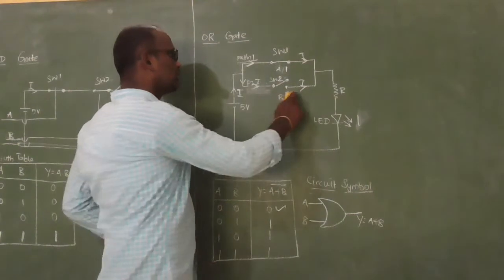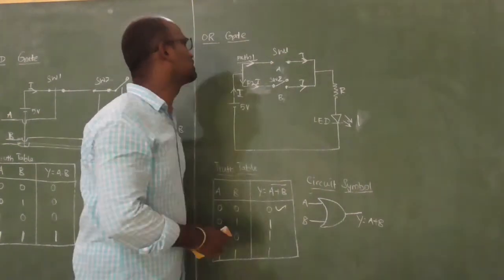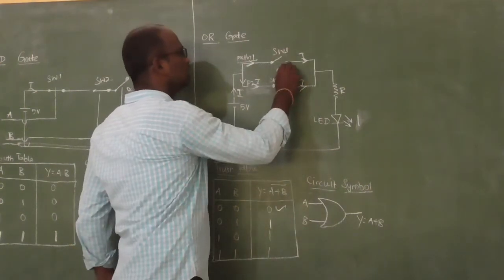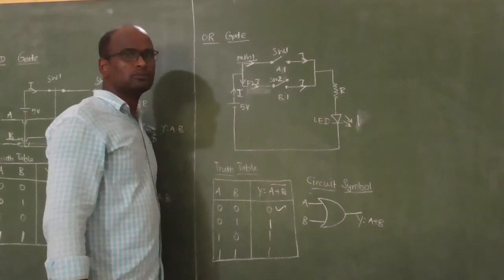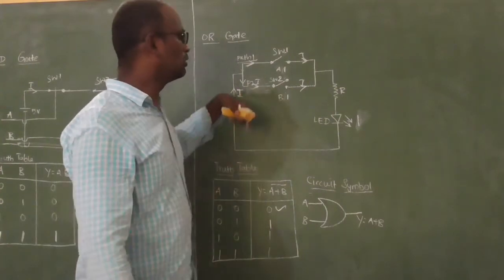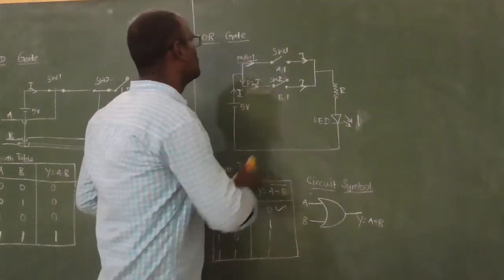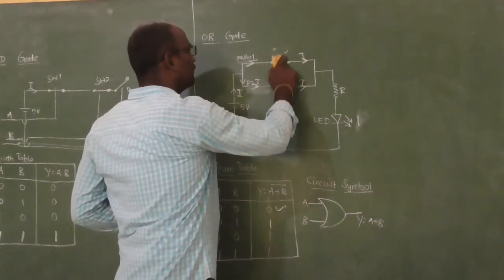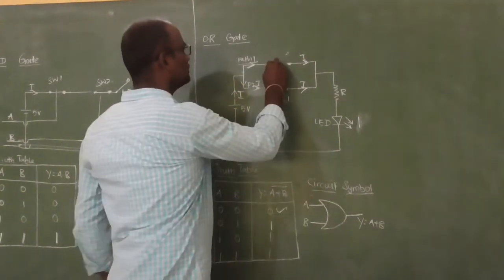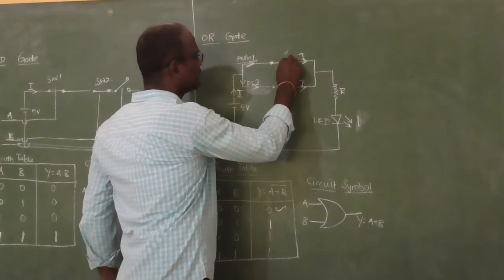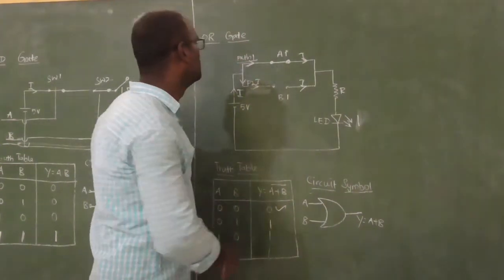So this is the third input condition, and we move to the fourth input condition, that is A is 1 and B is also applied 1. So both the switches are in on condition, that is both the switches are in closed condition. Switch 1 is in closed condition since A is applied logic 1.